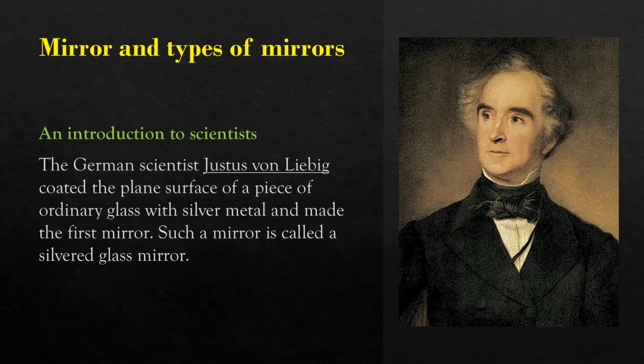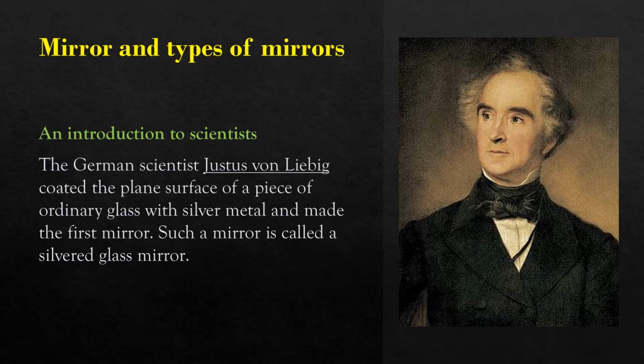जो मिरर में हम लोग जो यूज करते हैं जिसमें हमें हमारी शक्ल दिखाई देती है, ऑब्जेक्ट्स दिखाई देते हैं, that is a different type of mirror. ठीक है, उसे मिरर क्यों बोला जा रहा है? बिकॉज उसका एक साइड है ना सिल्वर मेटल से कोट किया जाता है ताकि जो हमारी इमेज पड़ रही है वो थ्रू एंड थ्रू पास ना हो जाए बल्कि रिफ्लेक्ट हो और हम लोगों को दिखाई दे. ठीक है, so here the picture that you can see of this man, he is a German scientist, Justus von Liebig.